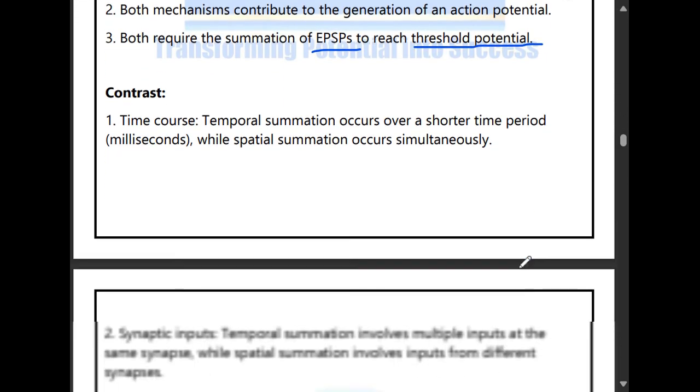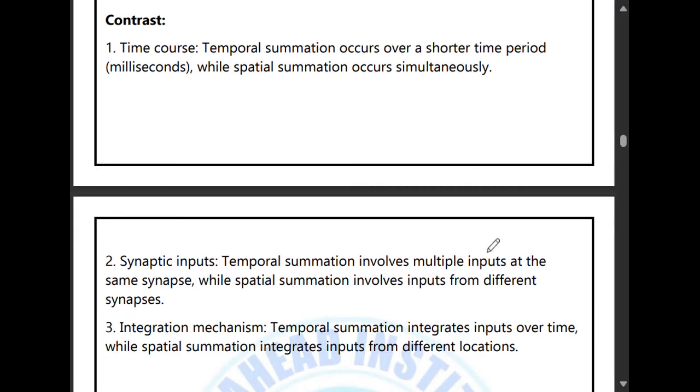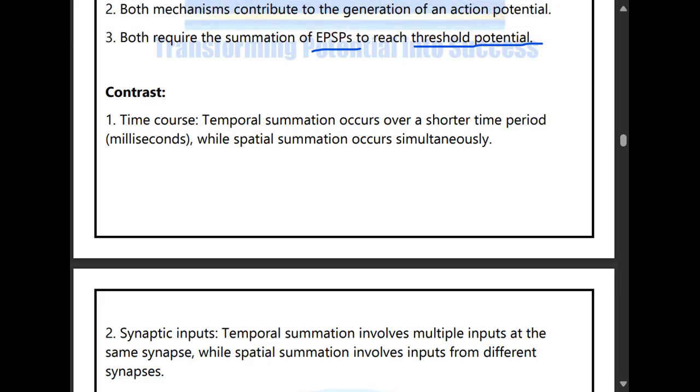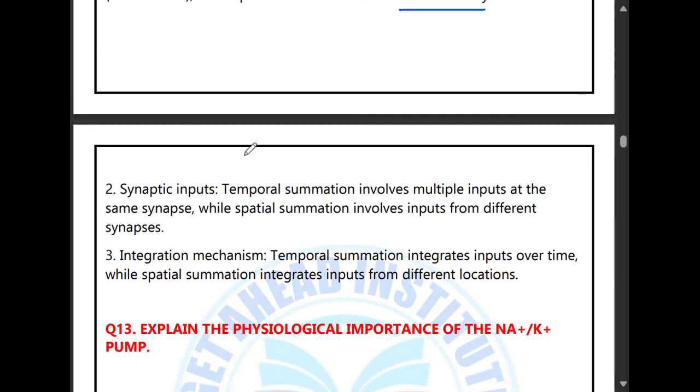But when it comes to the difference in time course, temporal summation occurs over a short period of time, while spatial occurs simultaneously, because under temporal we are expecting input from one presynaptic neuron, while under spatial we are expecting it from different presynaptic neurons.